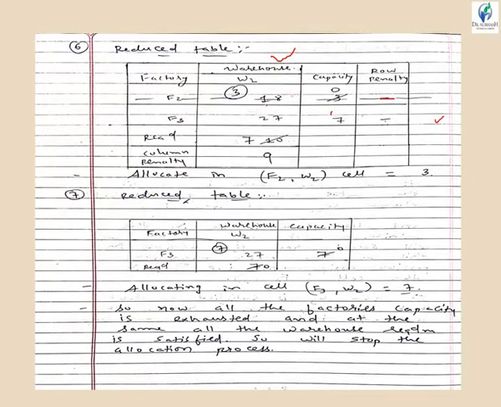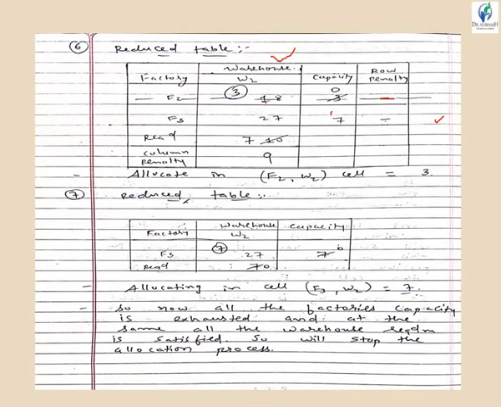If you find the penalty of the column, that is the difference between 18 and 27, that is 9. So now how to do the allocation? From 18 and 27 in the column W2, the cell with the lowest value will be selected for doing the allocation.